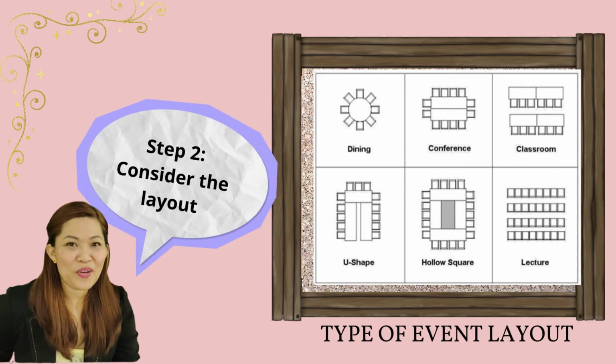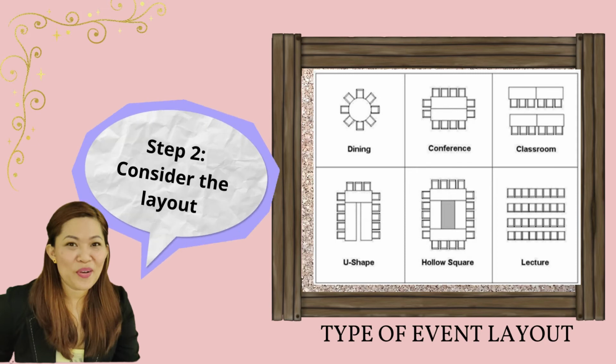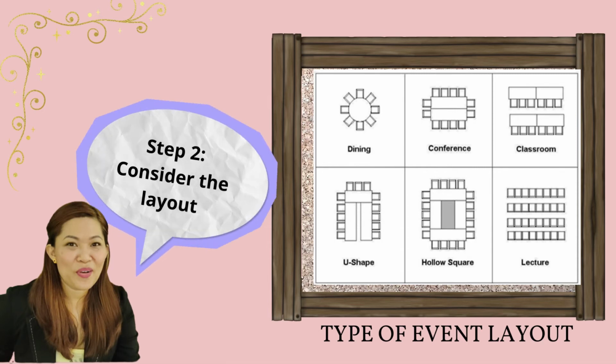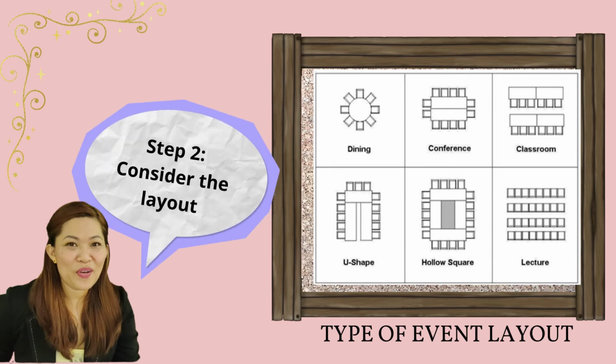So this is the classroom setup. Also, we have here the U shape, so most likely the presenter will be the center of attention. The participants are organized in a U-shaped position facing the presenter.